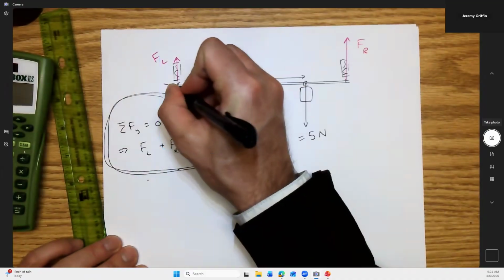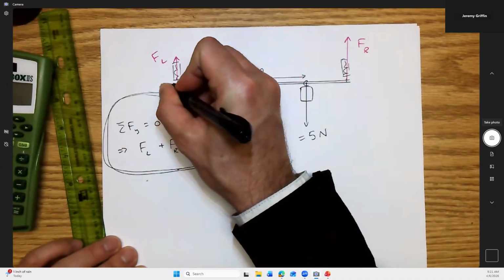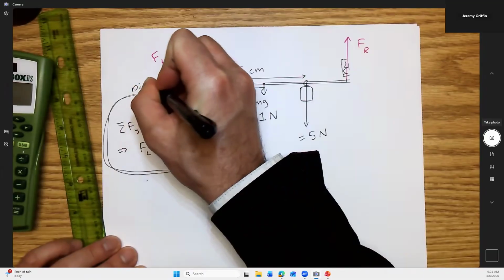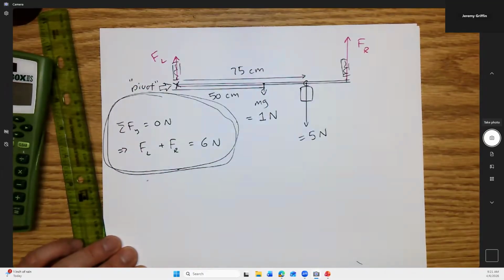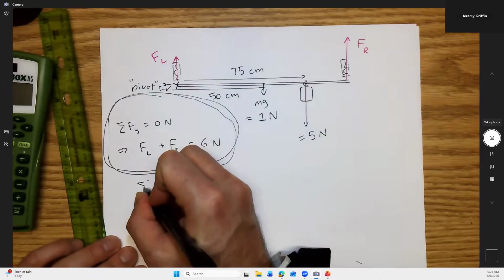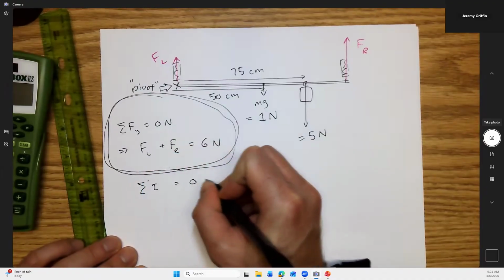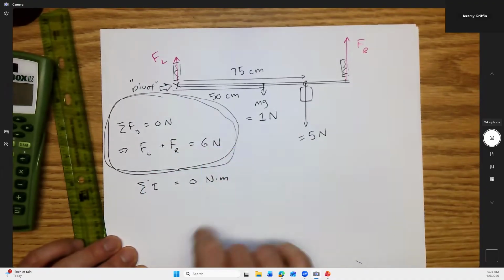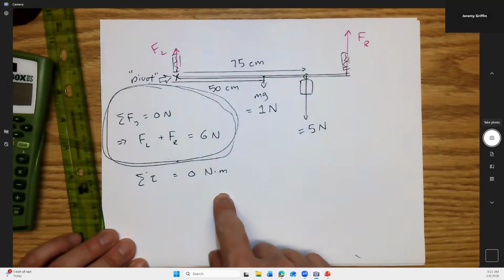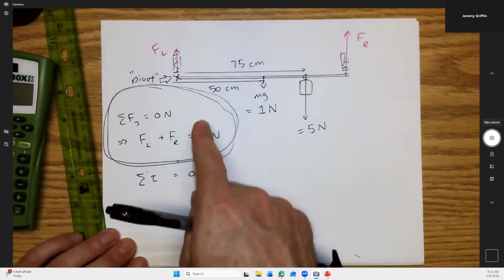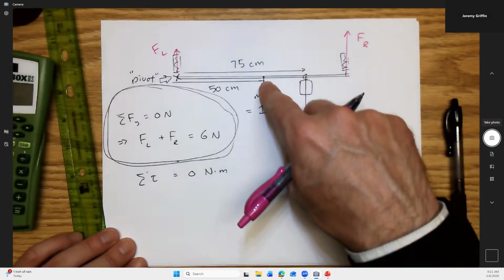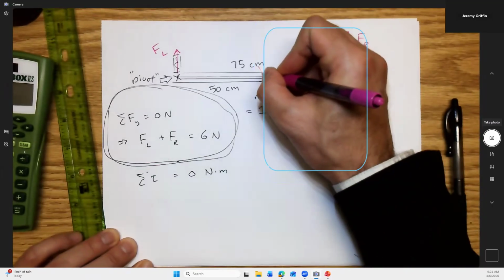Now I'm going to pick this far left point as my pivot point. Again, I don't have to, but it's going to make the math probably about as nice as it could be. That's your pivot point. The sum of the torques goes to 0 Newton meters. So the unit for torque is Newton meters, or Newton centimeters, maybe, since we've got 50. Okay. And it looks like the weight of the meter stick itself says, let's go clockwise.